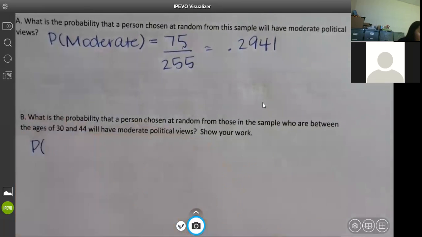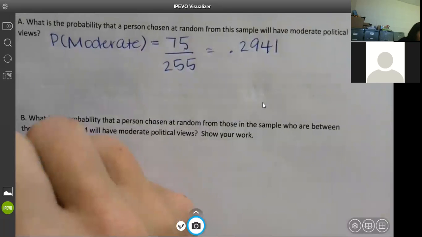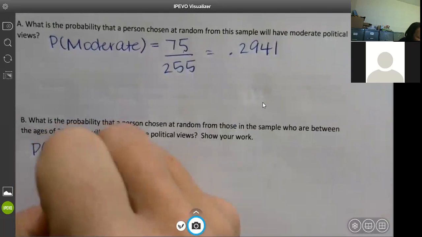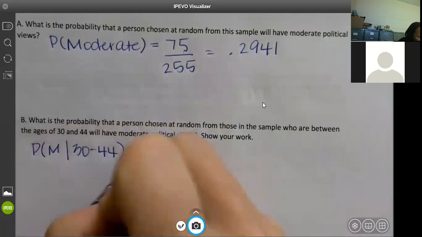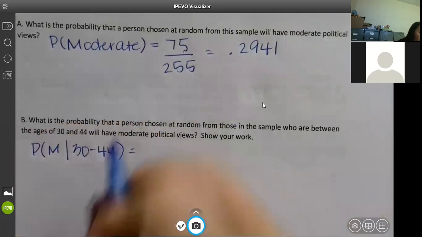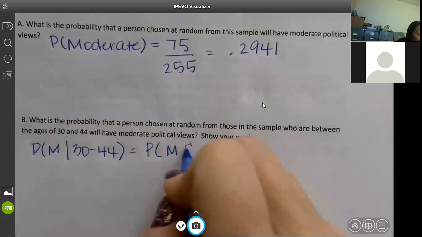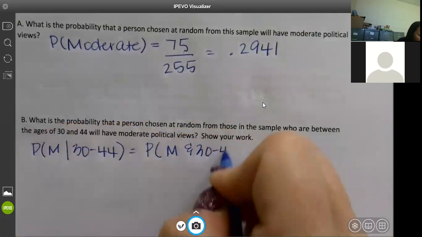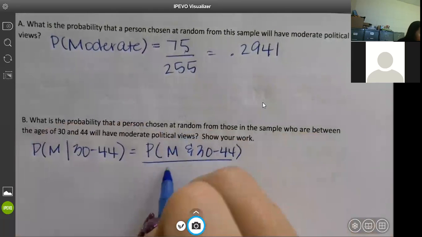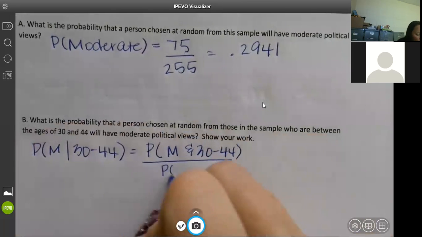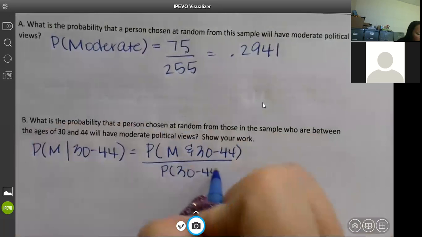What do we want to know? Moderate given 30 to 44. What's your formula for that? Over what? Probability of 30 to 44.